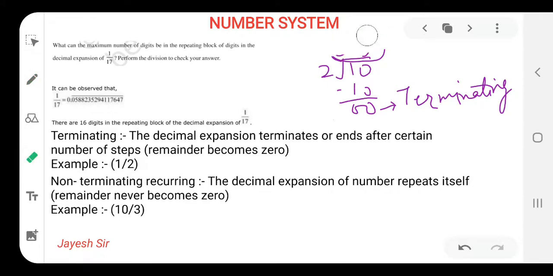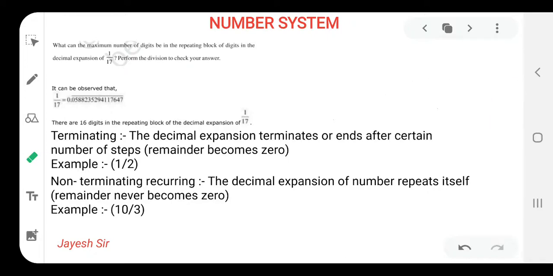So let us move to the next topic, non-terminating recurring. Non-terminating recurring is the opposite of terminating. Terminating means it ends or the remainder becomes 0, and non-terminating means the remainder does not become 0. So 10 divided by 3: 3 threes are 9, we know. Again we are left with 1, we insert a decimal point and 10, then 3 threes are again 9.